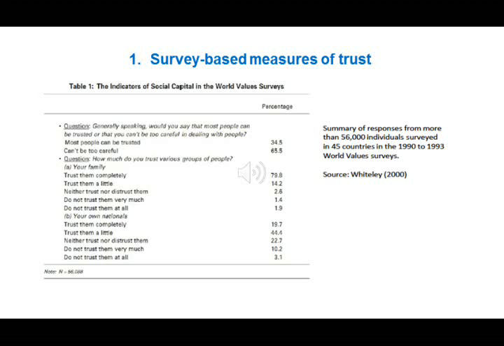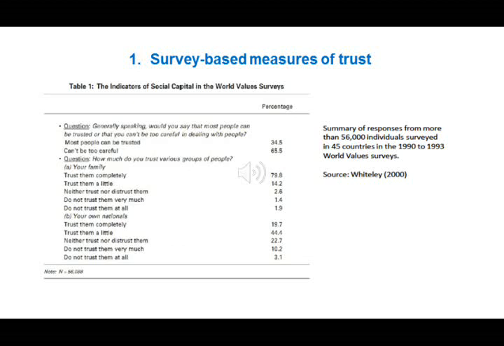This is the question that tries to measure the level of trust between individuals. So the answer is either most people can be trusted, or you can choose the option that you cannot be too careful when dealing with people, which means that you should be cautious in dealing with people, which is a reflection of a very low level of trust.